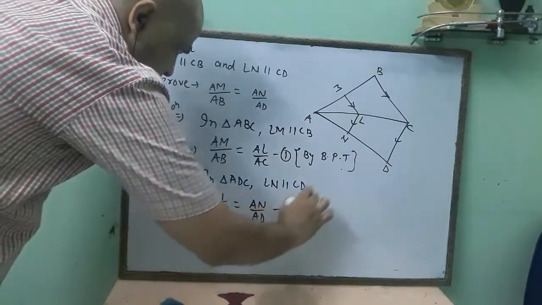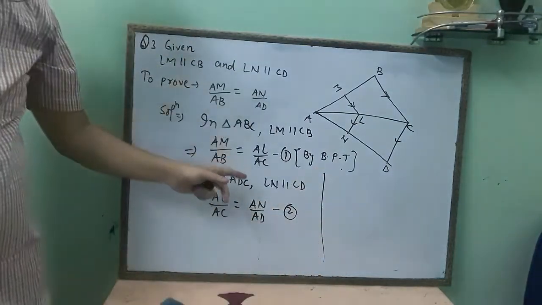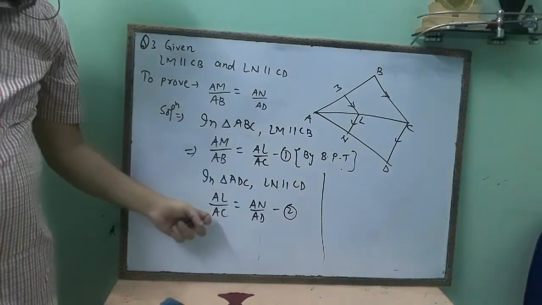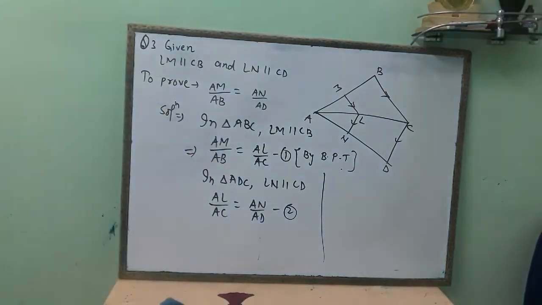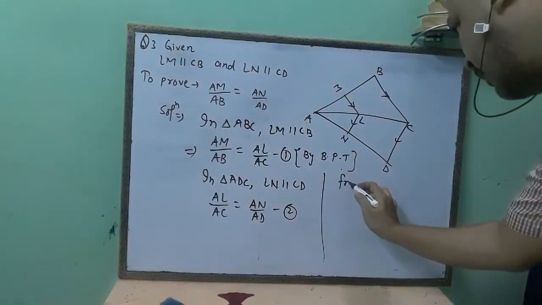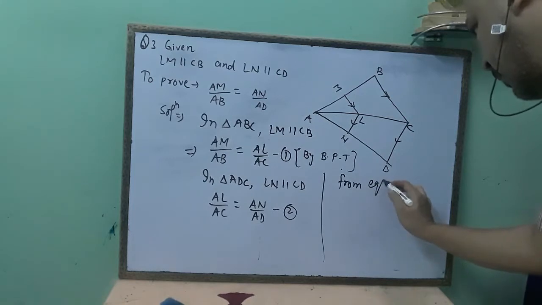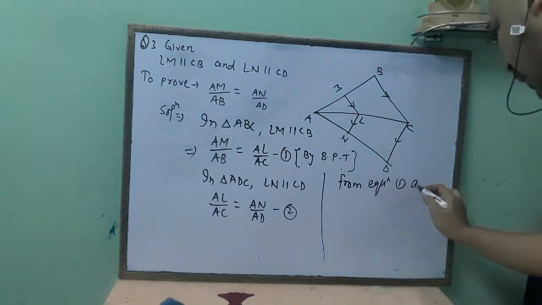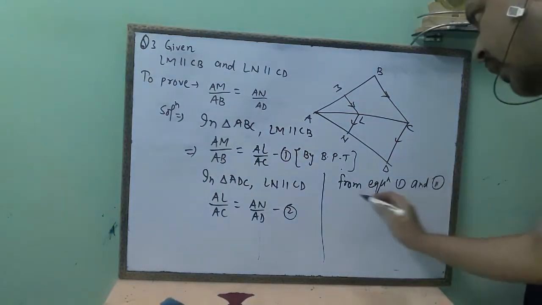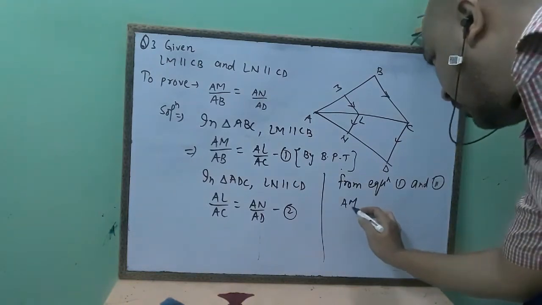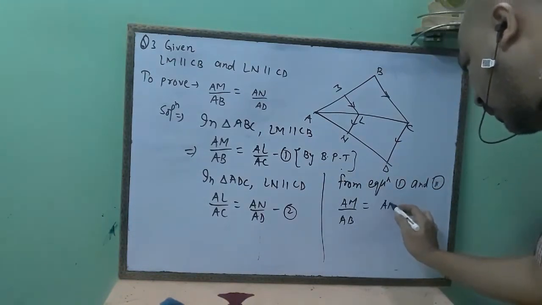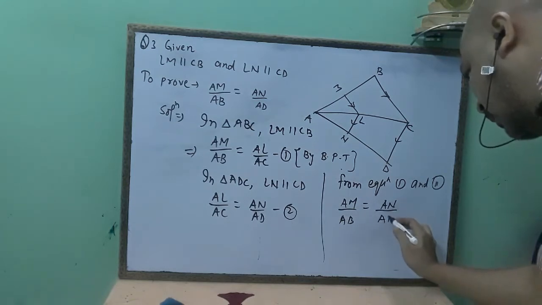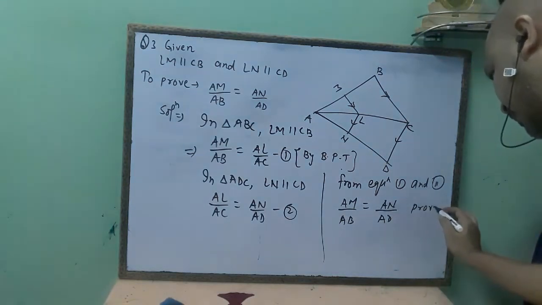So from equation 1 and 2, AL by AC will cancel out. From equation 1 and 2, we can say that AM divided by AB is equal to AN by AD. Hence proved.